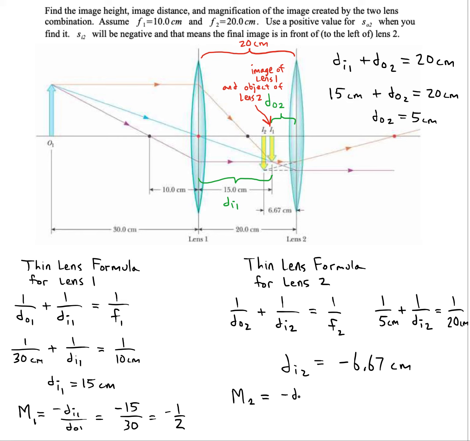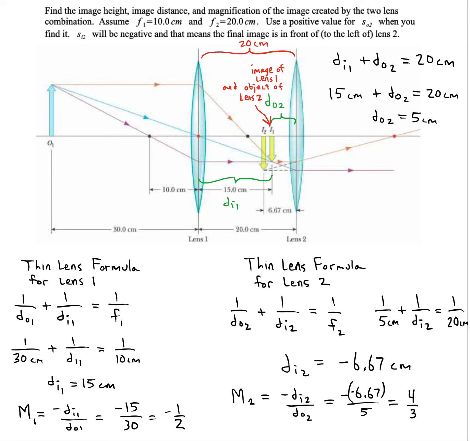So we apply the magnification formula to lens 2, and that gives us 1.33, or in other words, 4/3.